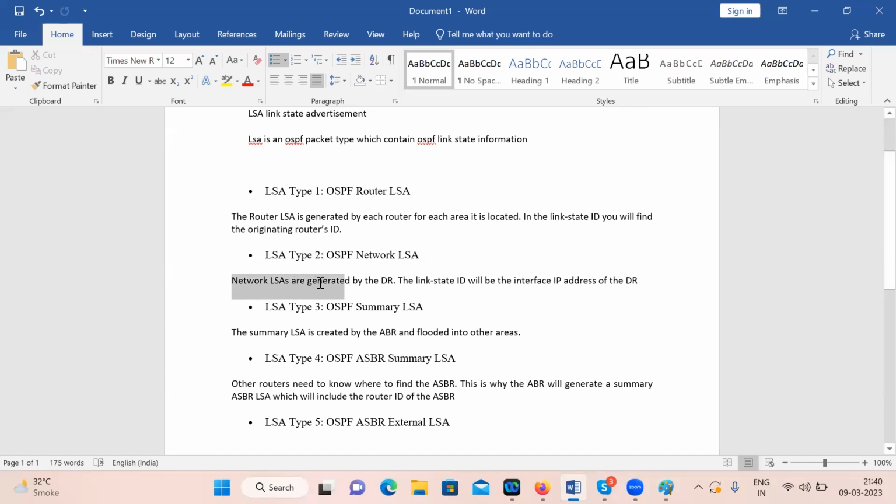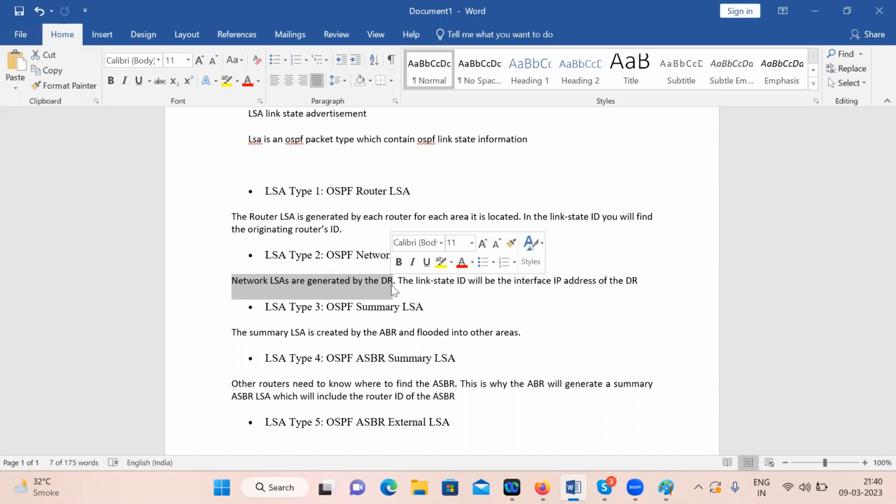Network LSAs are generated by the DR. It is only generated by the DR, not by any other router. In any different topology type, like point to point, multipoint, or NBMA network, you will never find a type 2 LSA.